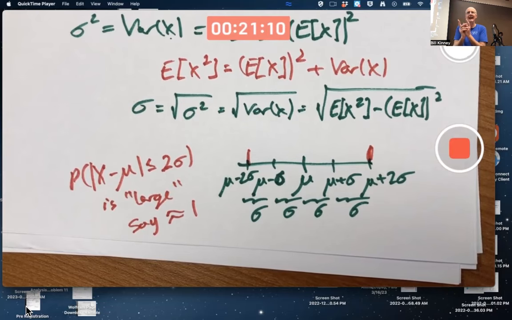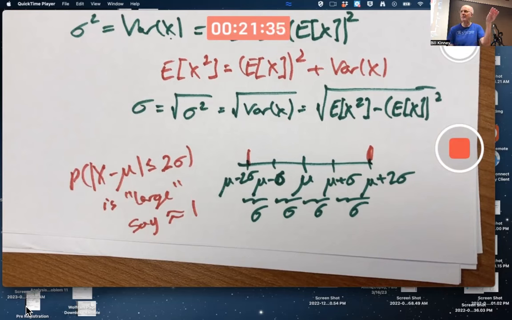Now, there are some technicalities here that you should realize. I'll maybe emphasize a bit more on Thursday and next Tuesday. The mean and the standard deviation actually don't have to exist. There are distributions where the mean and standard deviation, or one or the other, don't exist.